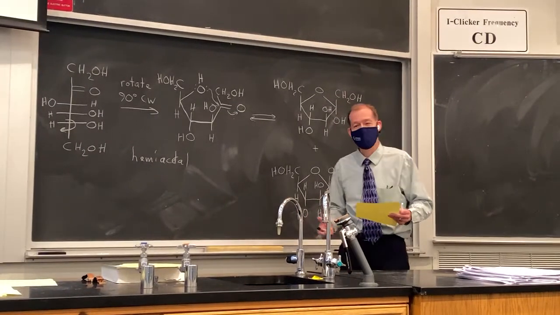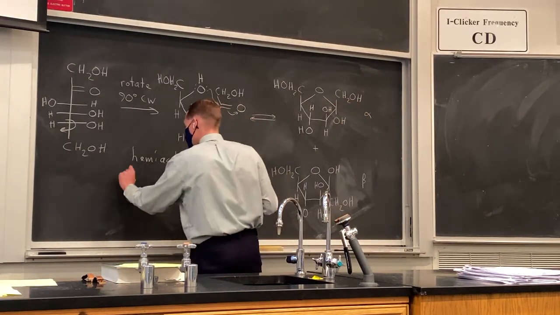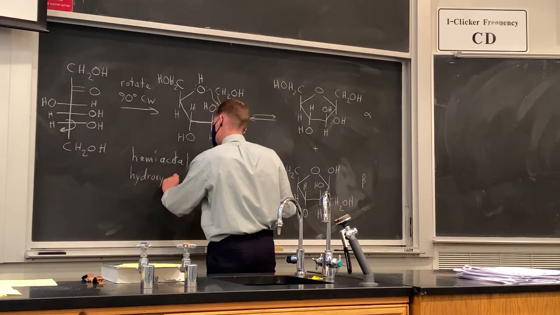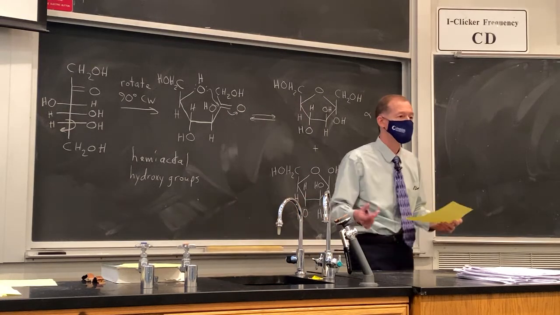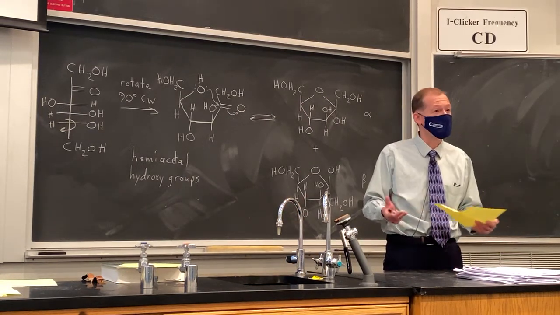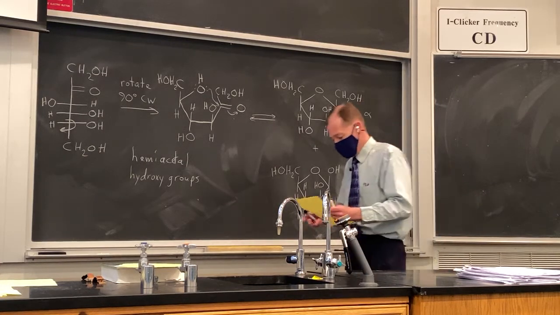Okay, that's one place we can have reactions of monosaccharides. We can also have reactions that occur at the hydroxy groups. We've learned a lot of reactions that occur with alcohols. Some of those will work with carbohydrates, others will not. And we'll talk about both cases today and on Wednesday.